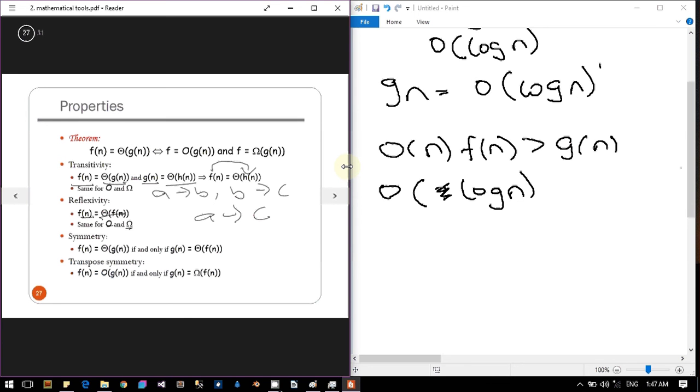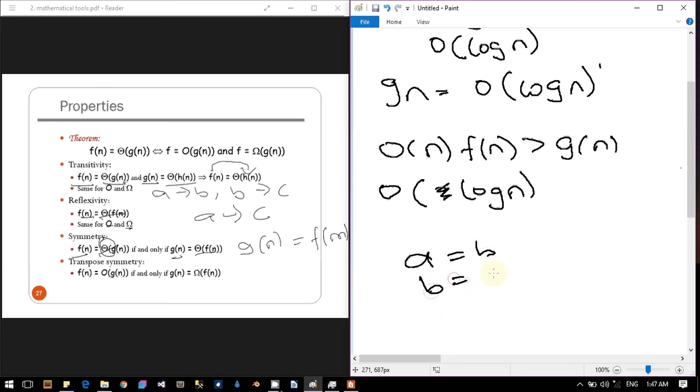In symmetry, if f of n is equal to big theta of g of n, that means g of n is equal to big theta of f of n. It's only equal in theta. Why? Because in theta, g of n is equal to f of n. So it's like saying if a is equal to b, b is equal to a. That's what symmetry means.